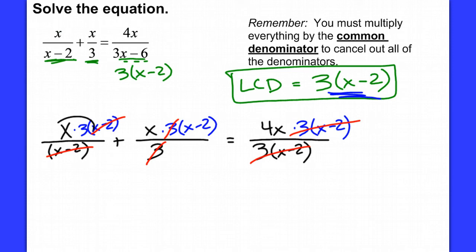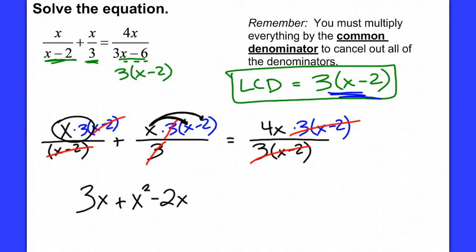So over here we've got x times 3, of course that's 3x. In this problem we've got x times x minus 2, which, when we distribute, gives x squared from right here, and then minus 2x. And then in our last part, we've got nothing left but 4x.